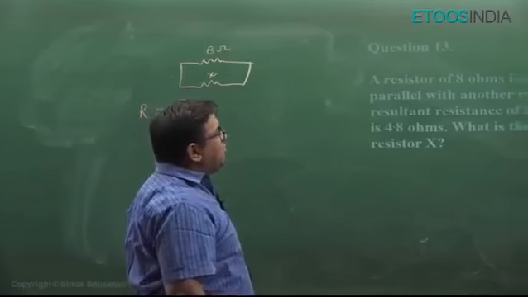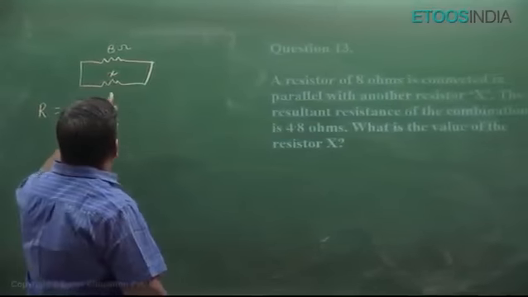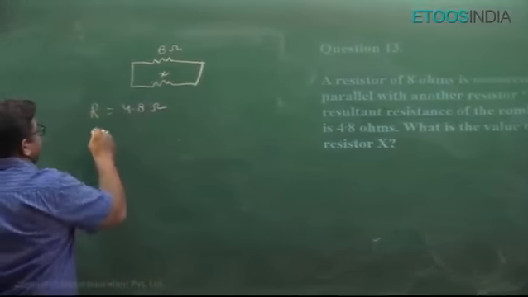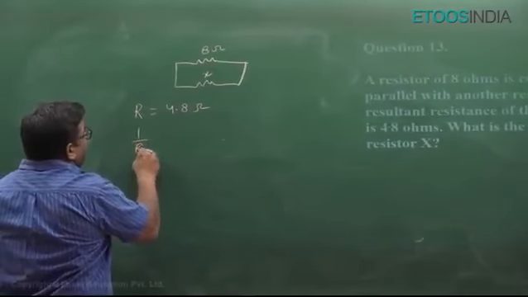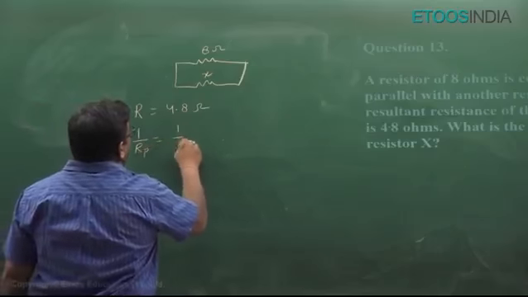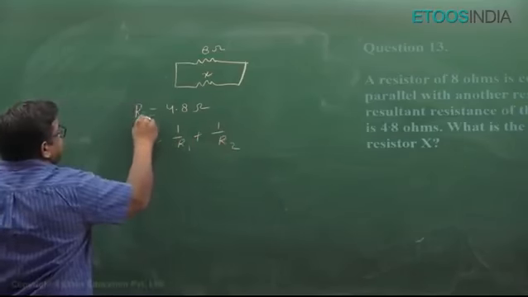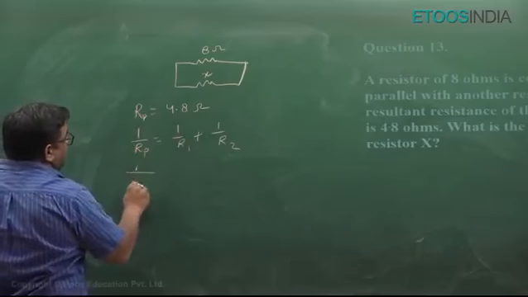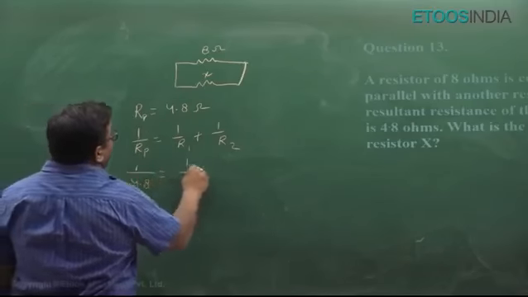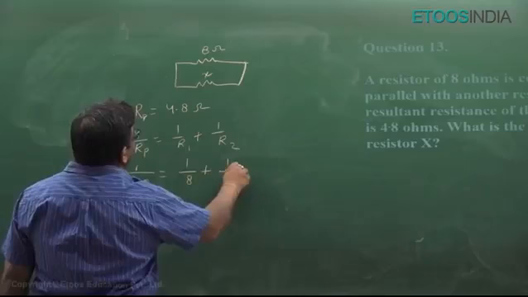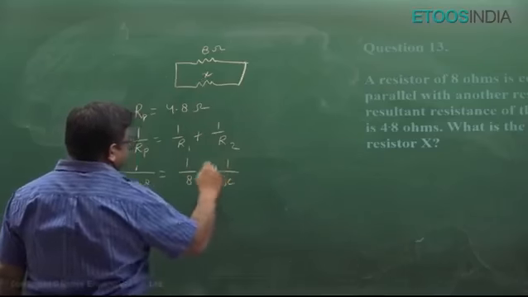What is the value of resistance X? So we need to find the value of X here. We know that 1 upon Rp is equal to 1 upon R1 plus 1 upon R2. Here Rp is 4.8, so 1 upon 4.8 is equal to 1 upon 8 plus 1 upon X.